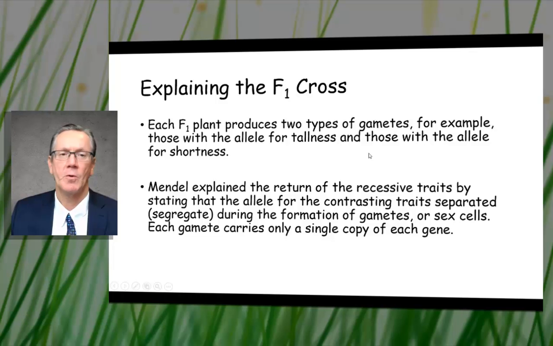Explaining the F1 cross. Each F1 plant produces the two types of gametes. For example, those with the allele for tallness and those with the allele for shortness.